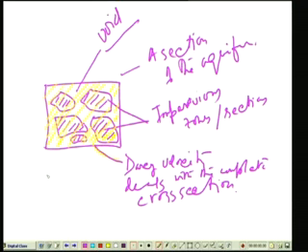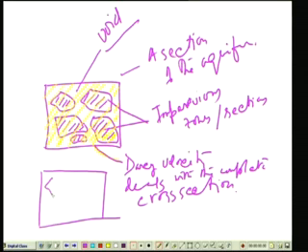If we observe the same cross section again, the actual flow is essentially taking place through the void.